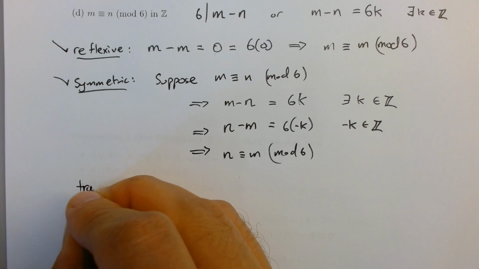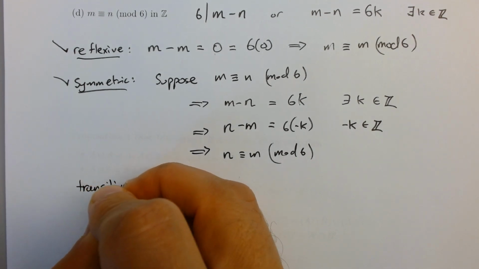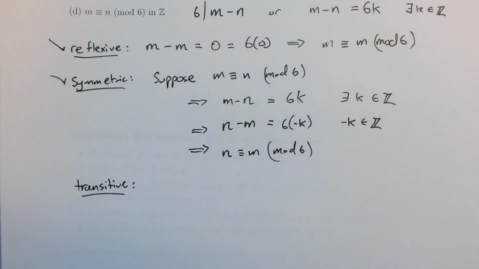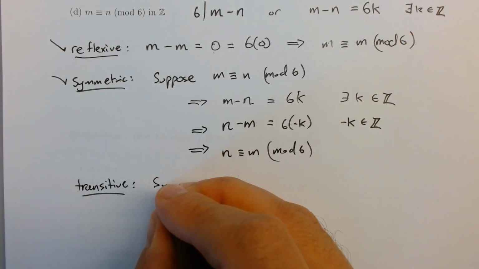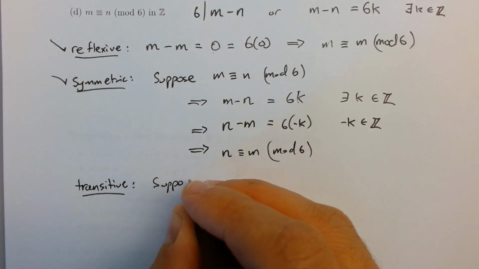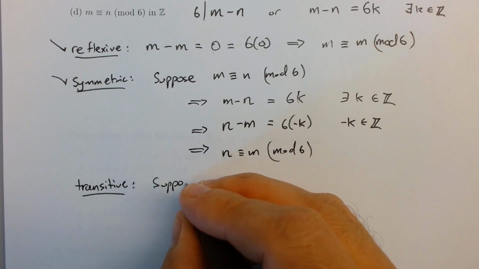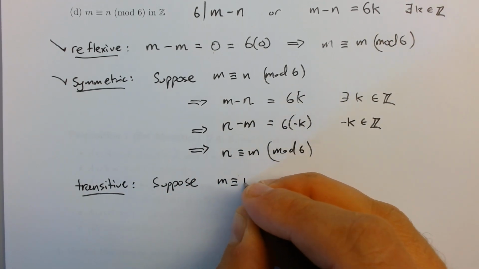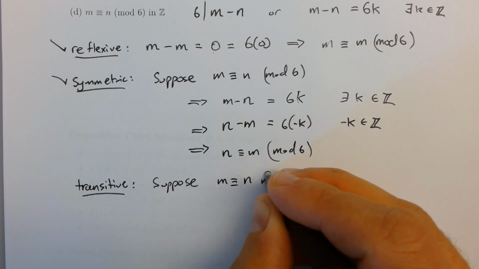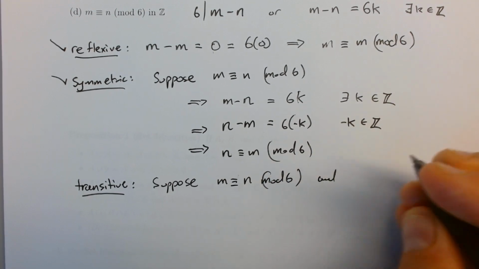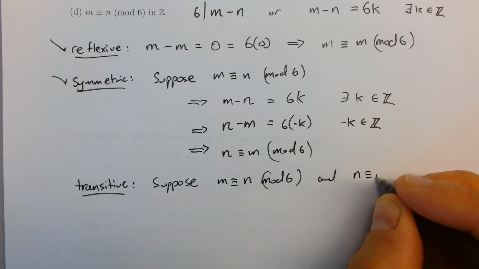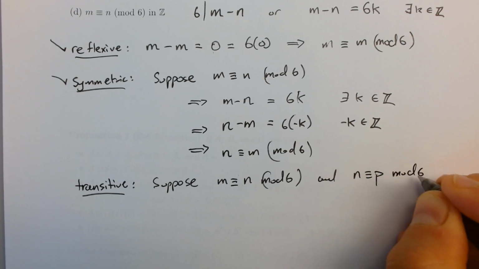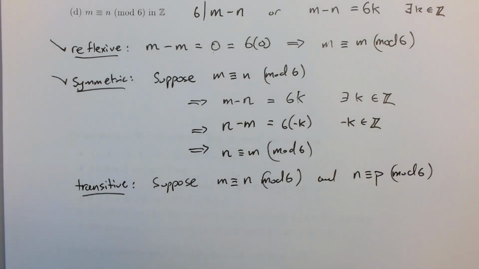What about transitive? So suppose, I'll use the p like we did in the last one for the third value, suppose m is congruent to n mod 6 and n is congruent to p mod 6. Let's use the definition for each of these.